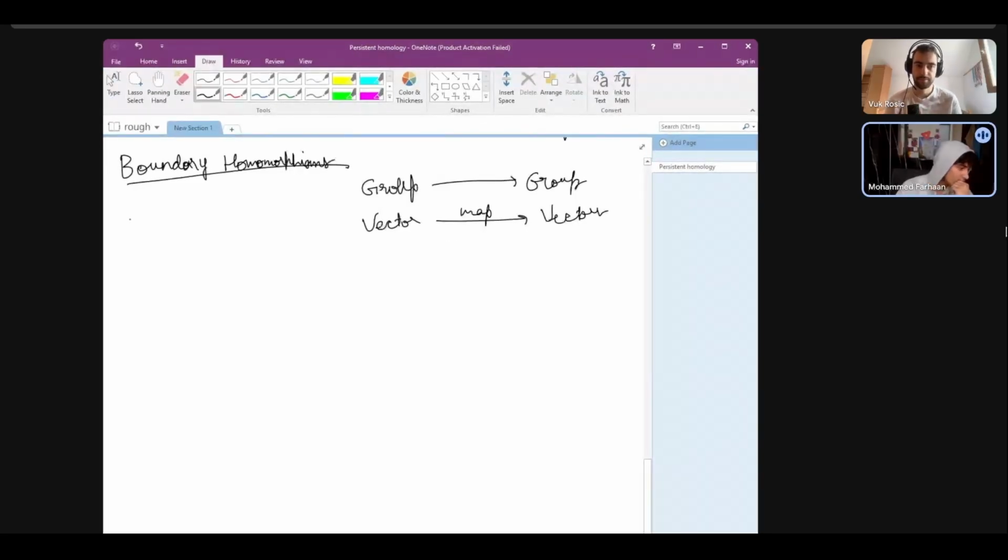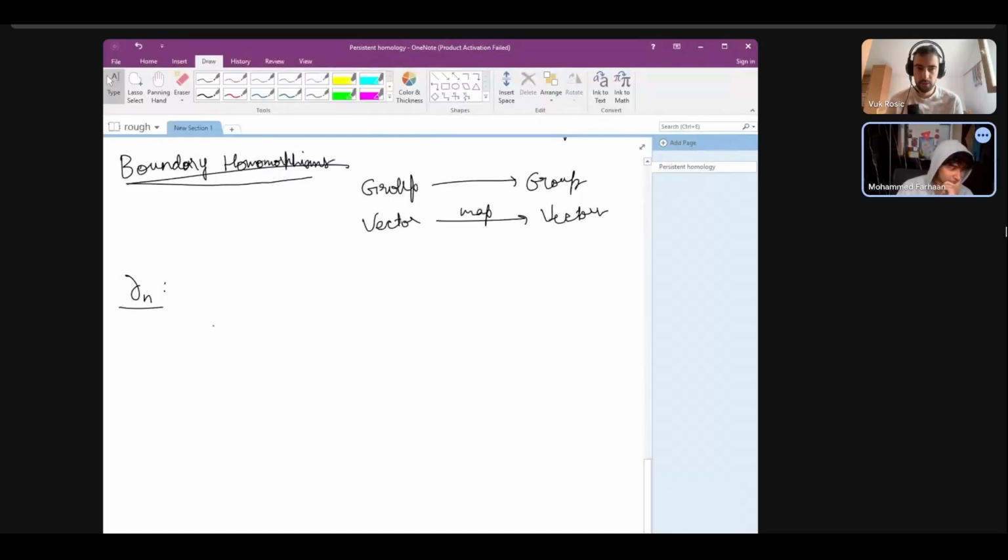In persistent homology we have this thing called a boundary homomorphism, and it is defined as delta n. What delta n is going to do, I'll explain with examples.